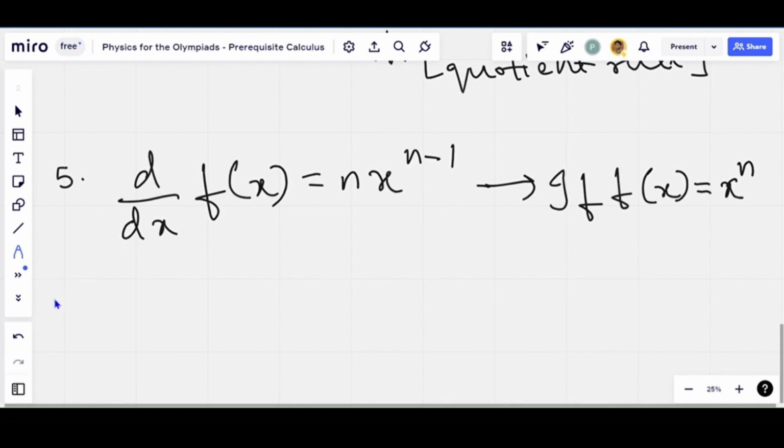Now, there are some important results of differentiation of trigonometric functions, which I'm going to tell now.